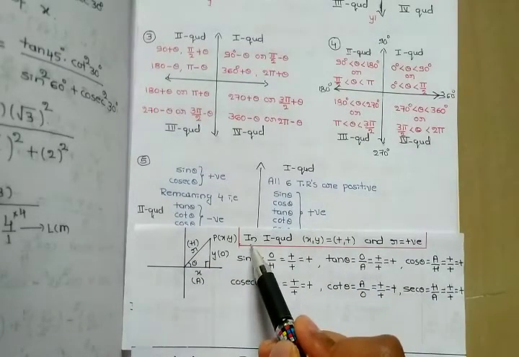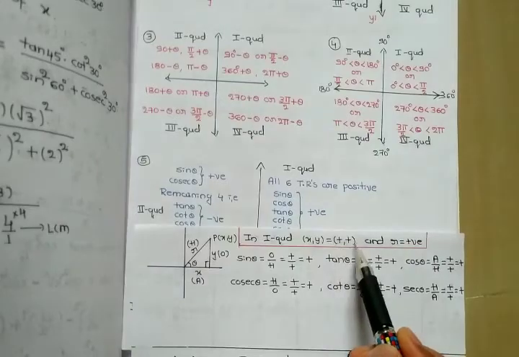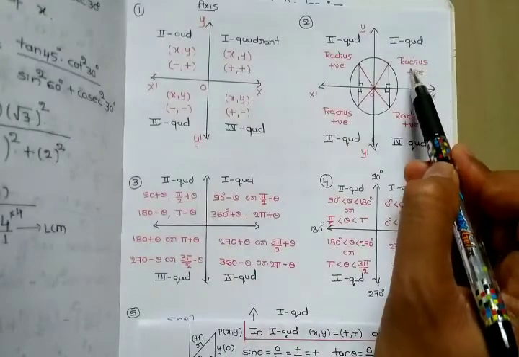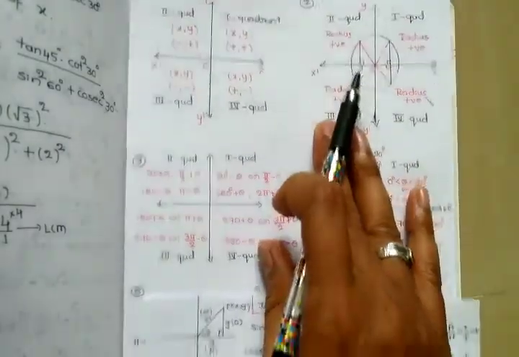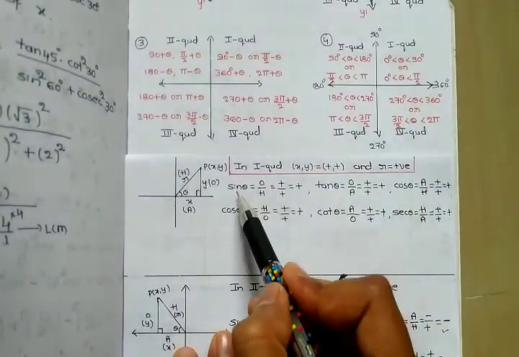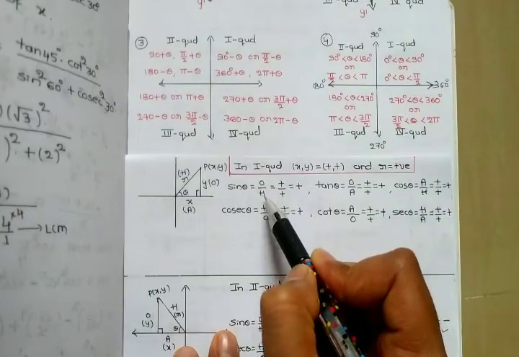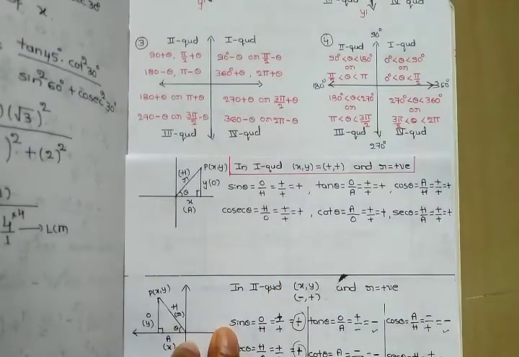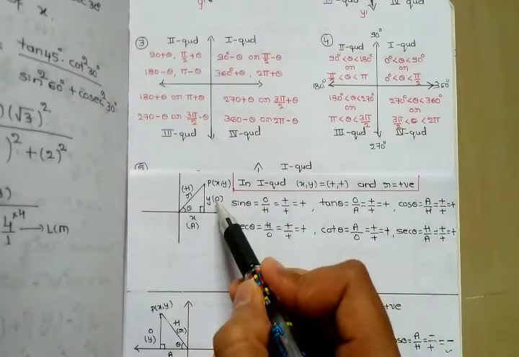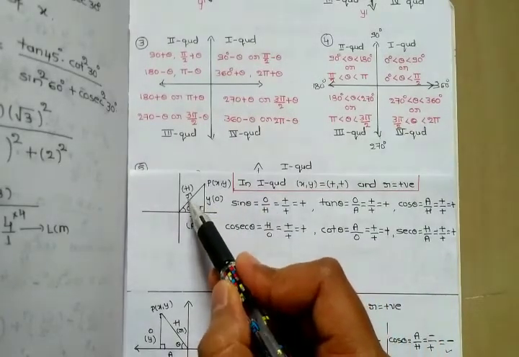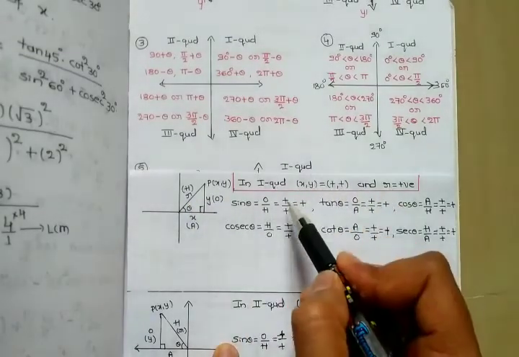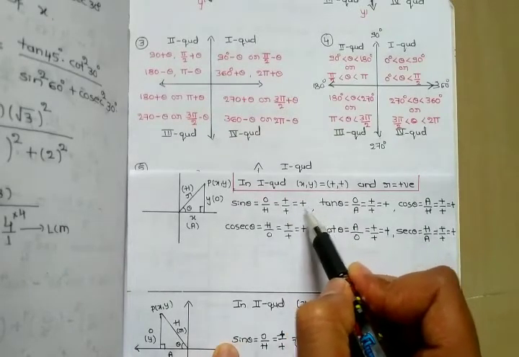So you know in the first quadrant x and y are both positive, and the radius also remains positive. Therefore, if I apply the trigonometric ratio definitions, sin theta is opposite divided by hypotenuse, that is y divided by r. y is positive and r is also positive, so positive divided by positive gives a positive answer.